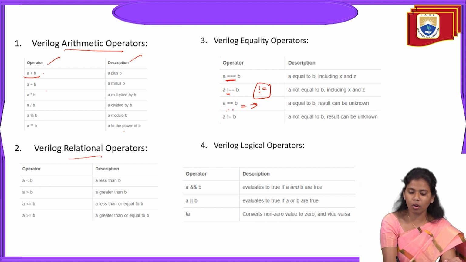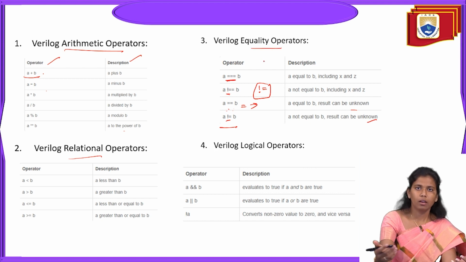And as for the fourth one, A not equal to B, the result is also unknown. These are the descriptions for these operators. So the equality operators mean equals to or not equals to.